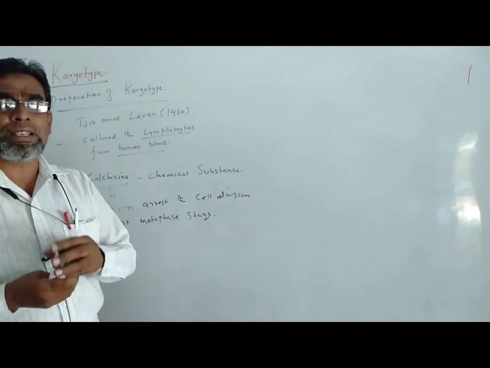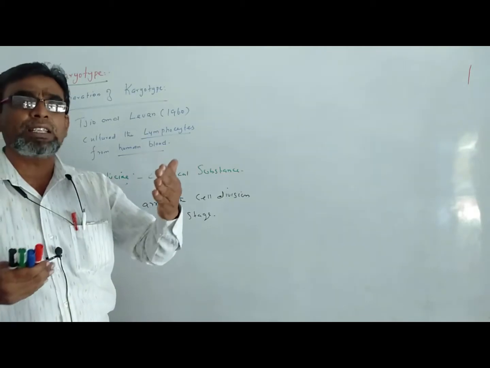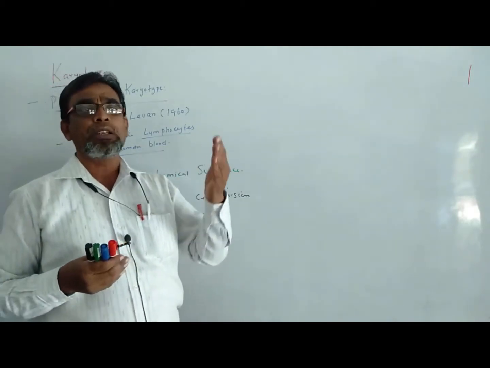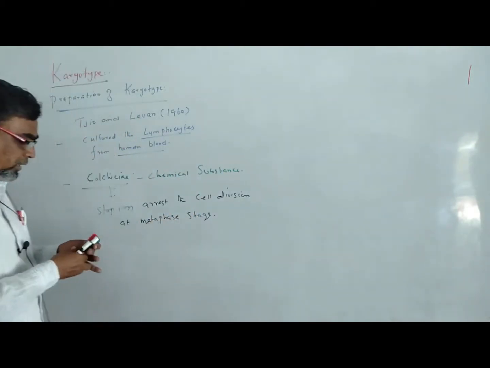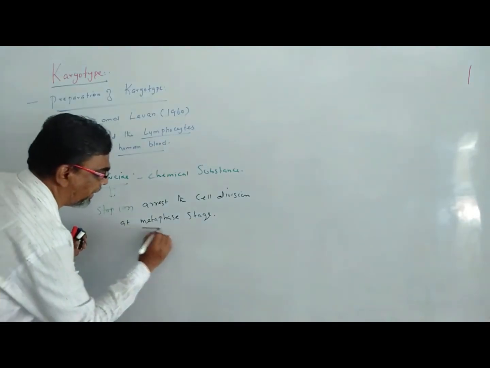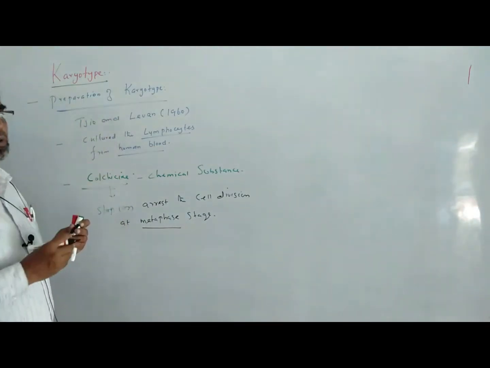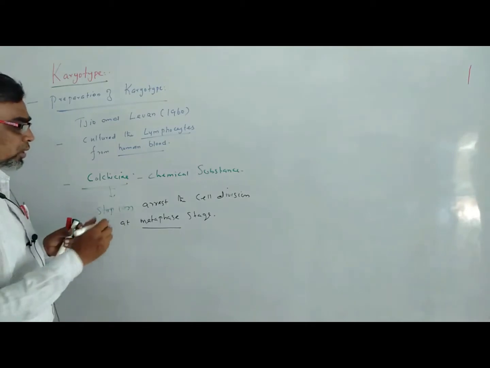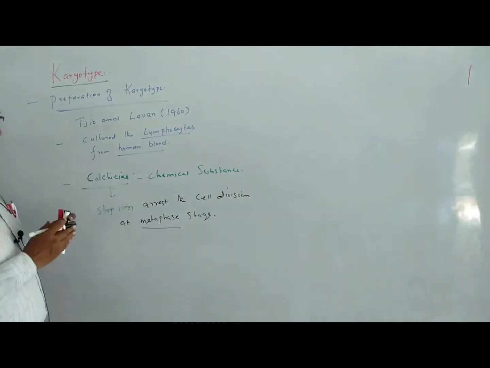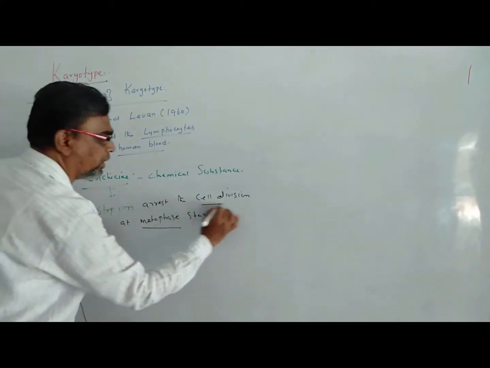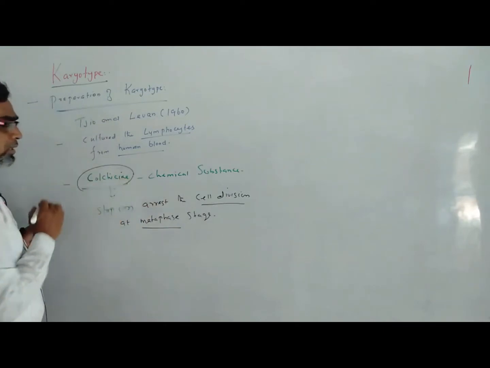You know what metaphase is? There are various phases in cell division: prophase, anaphase, telophase, like this. At the metaphase stage the chromosomes are very clear to see, so we want to arrest that stage. For that arrest of cell division, we are using a substance called colchicine.